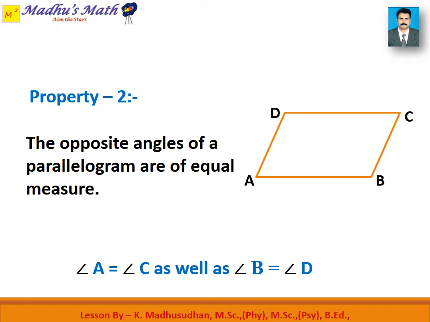That is, at vertex A we have angle A, and at vertex C we have angle C. So angle A is equal to angle C. Similarly, angle B is equal to angle D.